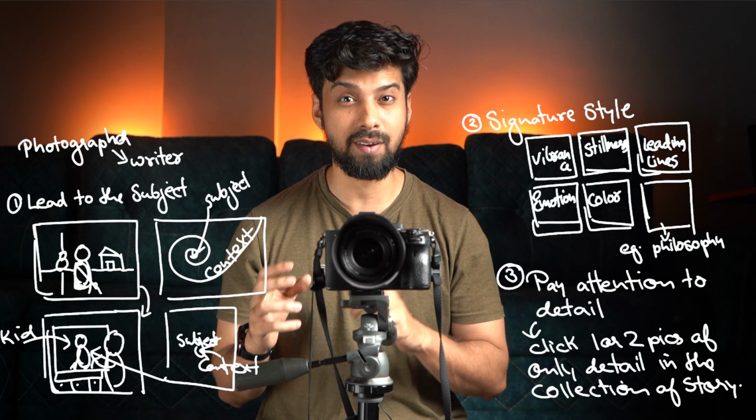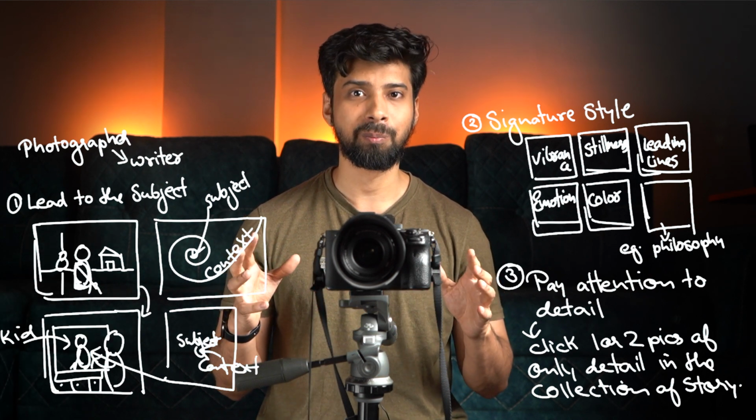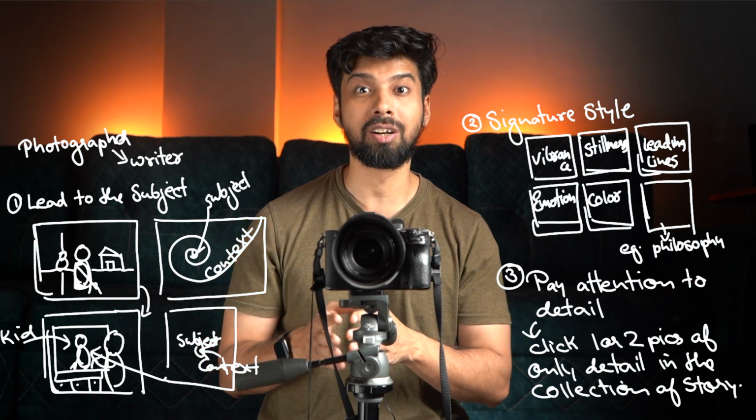A very, very detailed close-up look. And this does not have to be with a macro lens. It just has to be with your eyes and your sense of observation that you're putting into it.